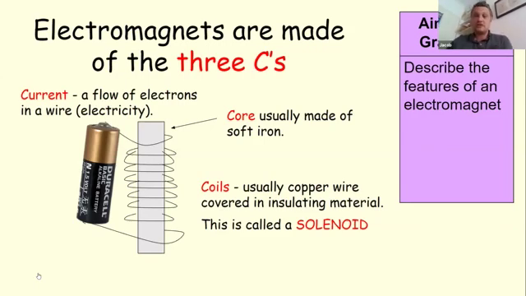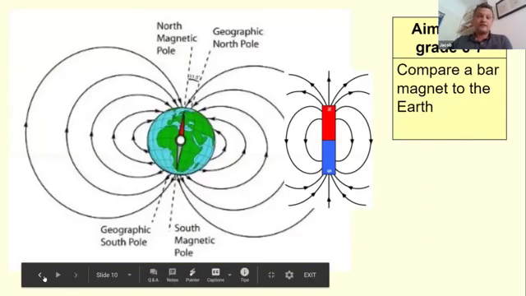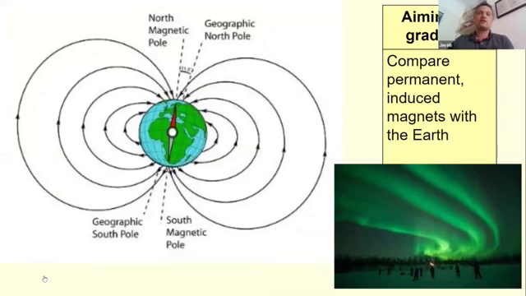Where does the electricity for the aurora borealis come from? That's a really good question. If you go back to the slide showing the Earth's magnetic field, short answer is the sun. The sun is constantly kicking out a stream of charged particles. You might have seen solar flares. Sometimes the solar flare will break and go like that, and when it does that, it catapults out a whole load of ionically charged particles into space.